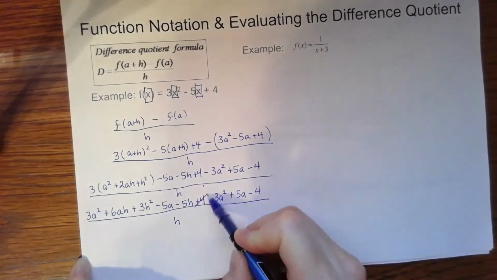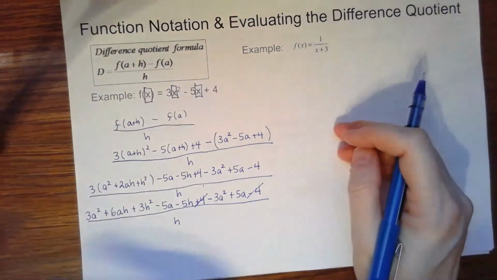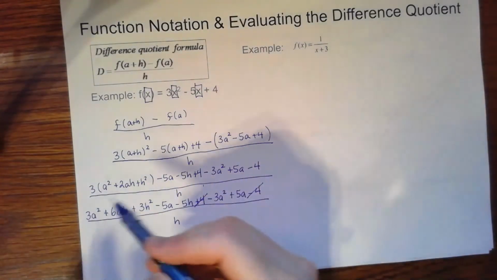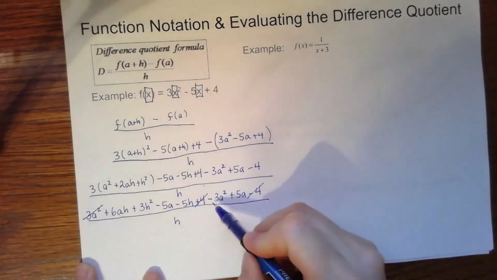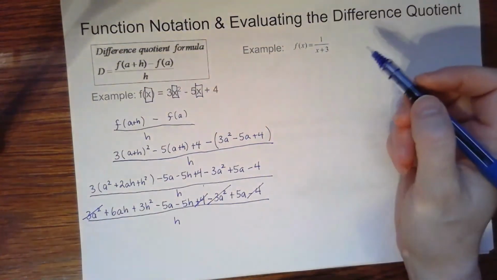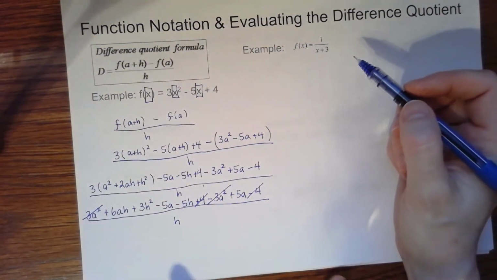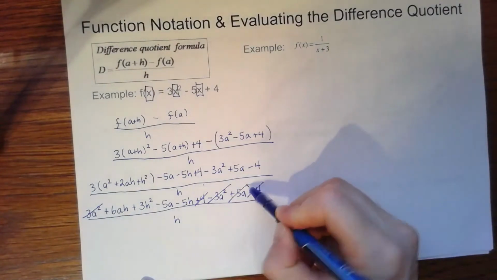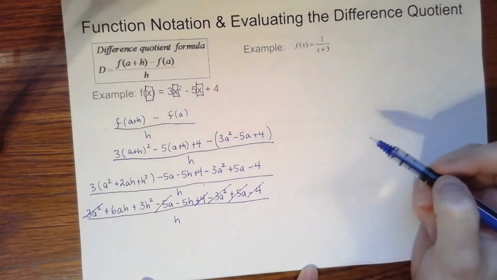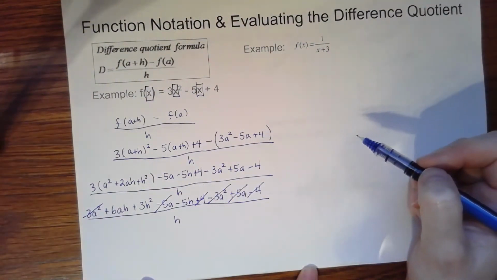Okay, so we've got a plus 4 and a minus 4. Those cancel each other out. We've got a 3a squared minus 3a squared. Those cancel each other out. We've got a plus 5a and a minus 5a. Those cancel each other out.